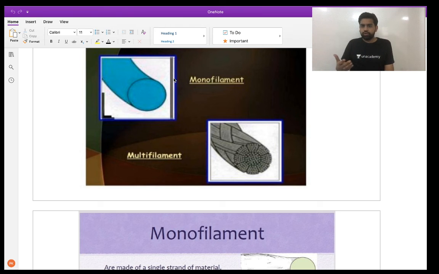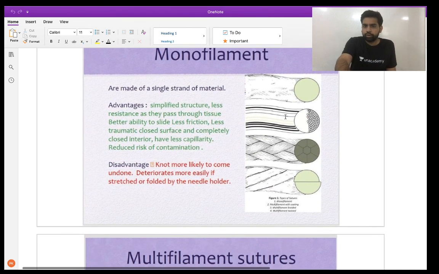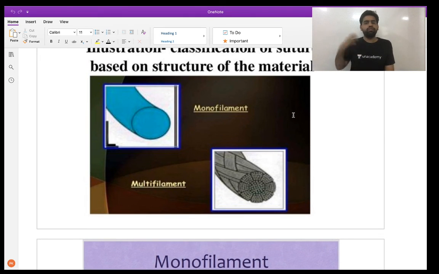What else can you do? You can have multiple filaments running parallel to each other, and if you coat all these filaments with a coating outside, you call it a braided suture. So the multifilament suture can be of various types.